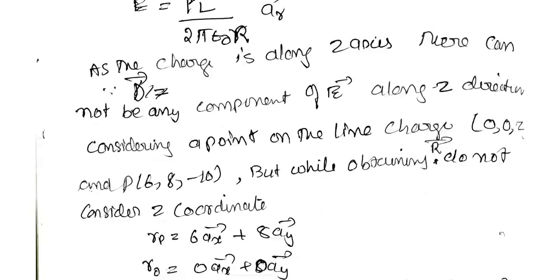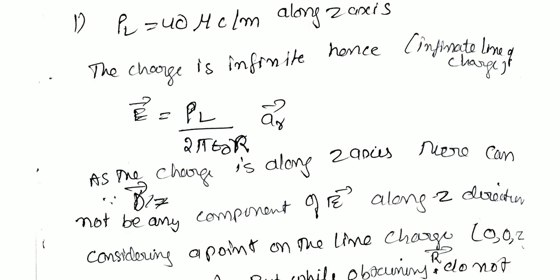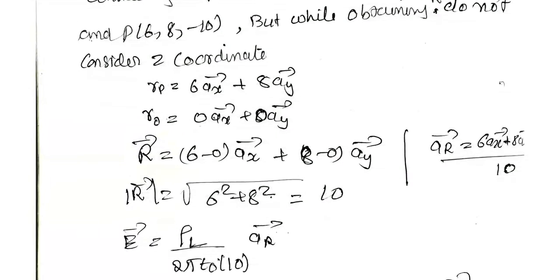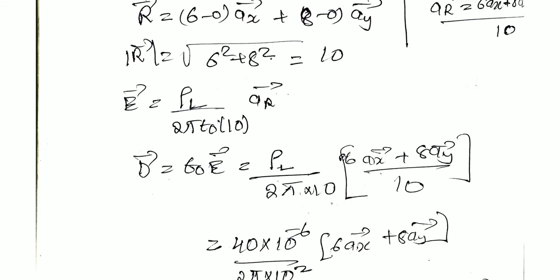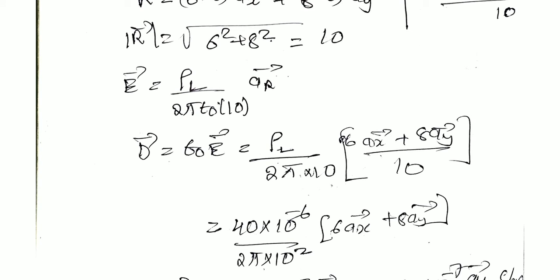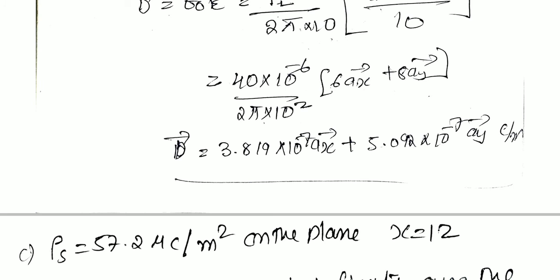Now the formula for E is given by rho L divided by 2 pi epsilon naught into R. So R we have calculated, just substitute the value of R and aR and simplify, you will get some value. You can take D equal to epsilon naught into E, so epsilon naught also gets cancelled, and after simplification we will get the value of D like this.